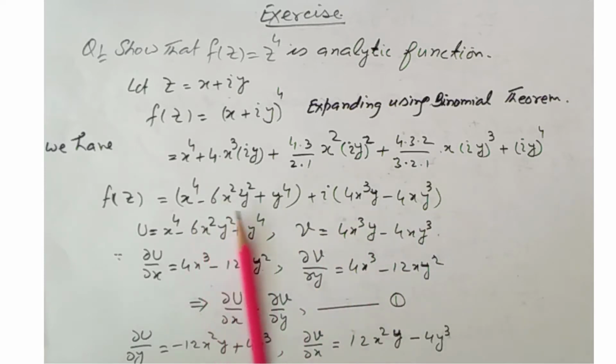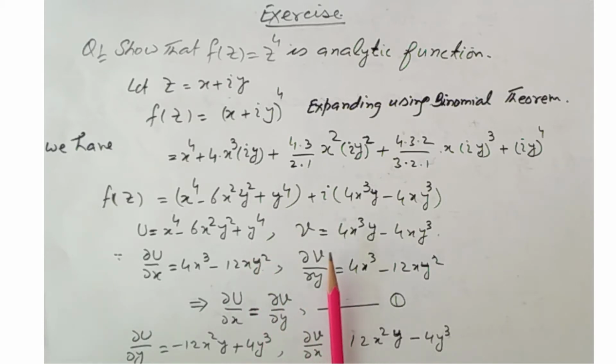So this is u and this is v. So u equal to x^4 minus 6x^2y^2 plus y^4 and v equal to 4x^3y minus 4xy^3. We partially differentiate u with respect to x. This is 4x^3 and this is minus 12xy^2 and this is constant, because we are differentiating with respect to x, its derivative is 0.